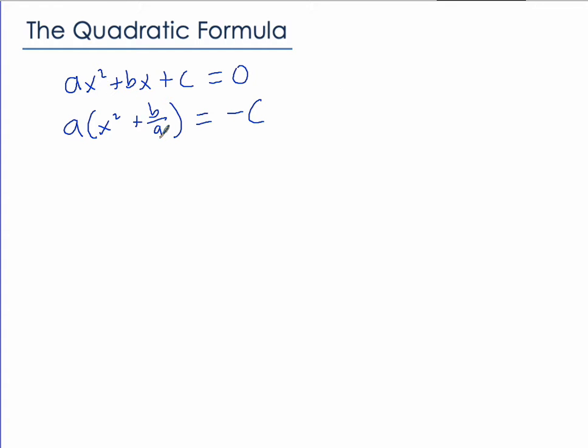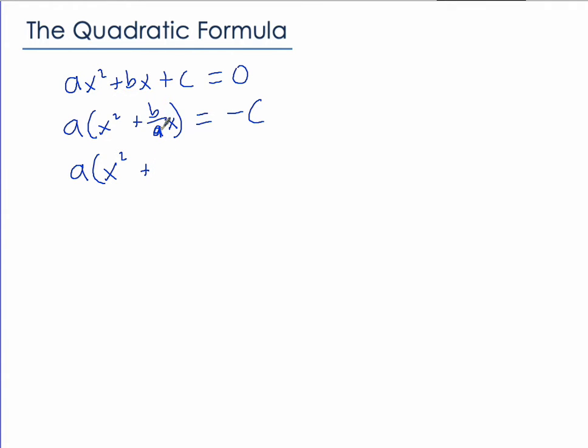Okay, so we have that done. To complete the square, we have to add half of this b over a, squared, right? So let's do that.